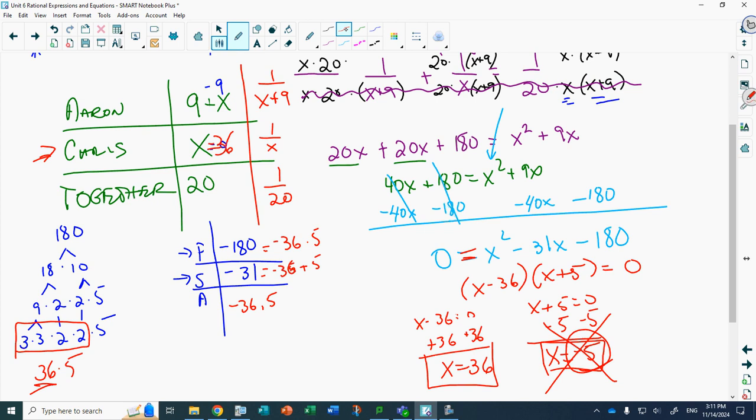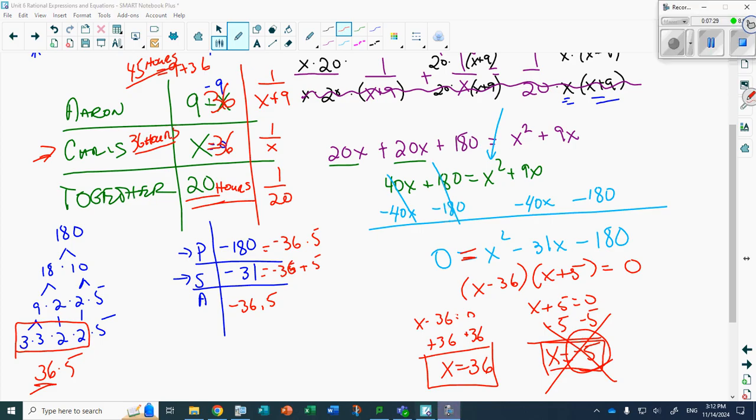And Aaron is going to be 9 plus 36, so Aaron's going to take 45 hours, and Chris is going to take 36 hours. Together, if they cooperate, they can do this in 20 hours. What a cool question! I love this kind of question. A little bit more challenging than the last ones, but it works out really nice based on all the stuff that you learned. I love it.